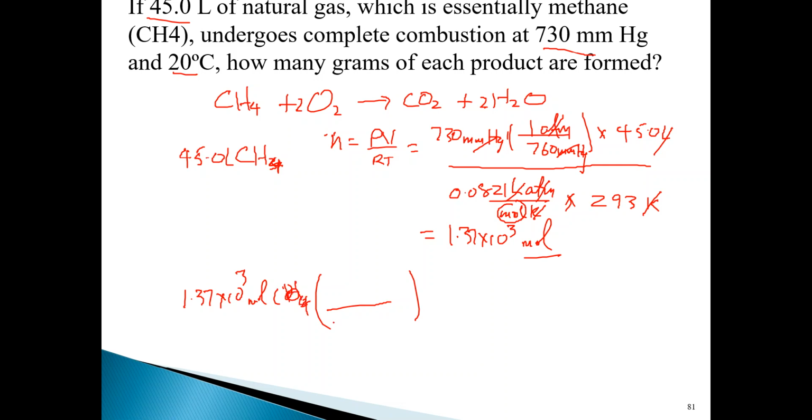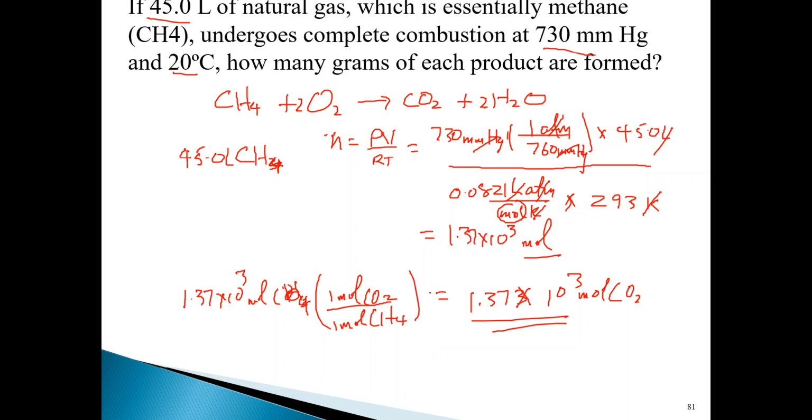So basically, it's a 1-to-1 mole ratio between the methane and the carbon dioxide. So the answer here is going to be equal to 1.37 times 10 to the 3 moles of CO2. And that's how you get that. And you should be able to by now determine the moles of the other product, which is water. I won't go through that. I'll leave that for you to work out. If you have any problems with that, then let me know.